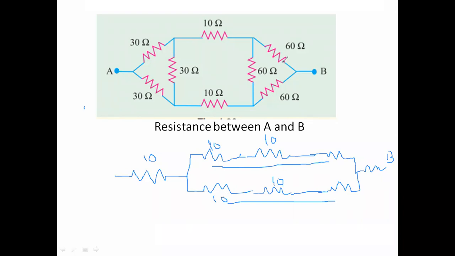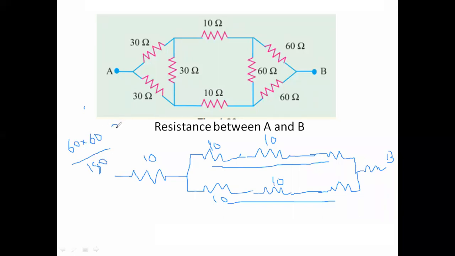Coming to this delta to star network, this is 60, 60, 60. If you calculate one, it is applicable to all the other two also. So 60 by the summation of overall resistance, it is 180, the summation of all three resistors.